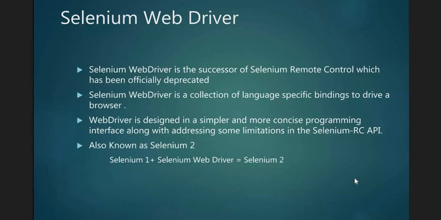And second one is Selenium WebDriver. Selenium WebDriver is basically the successor of Selenium remote control, and basically Selenium RC is deprecated, and now we are using Selenium WebDriver. Selenium WebDriver is basically a collection of language specific bindings to drive the browser, and we can use Selenium WebDriver to automate the browser.